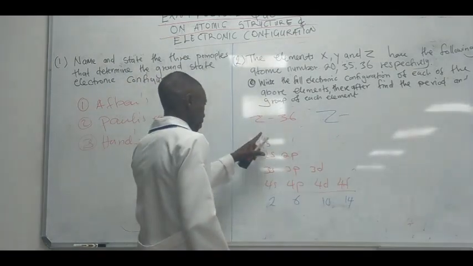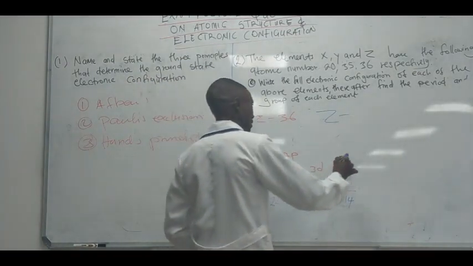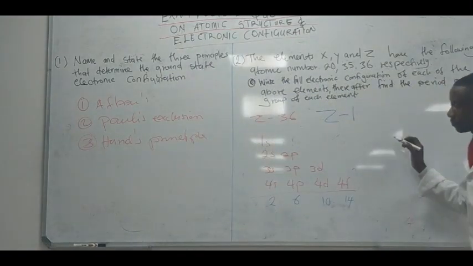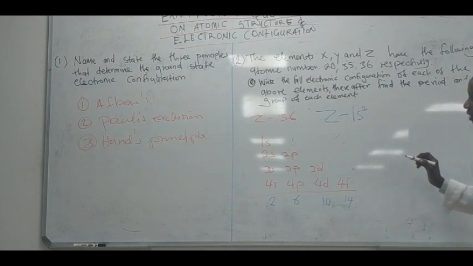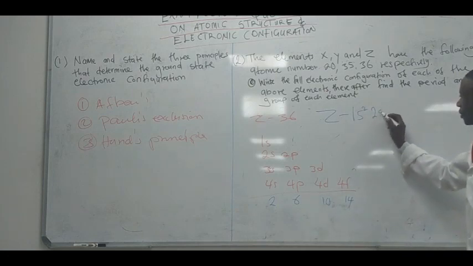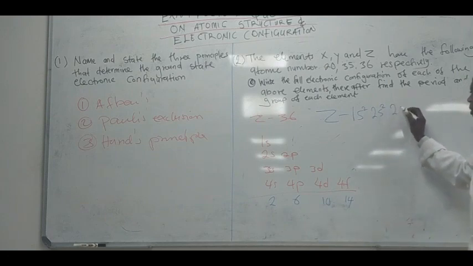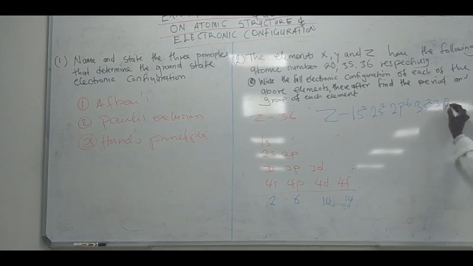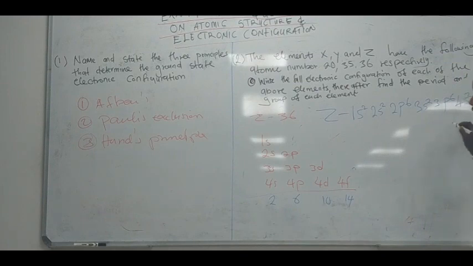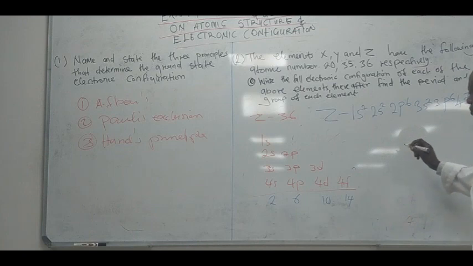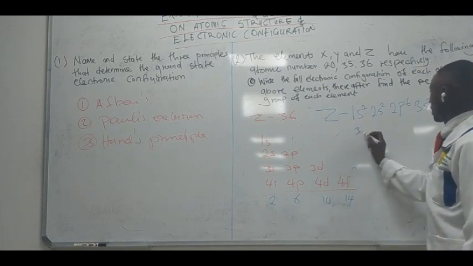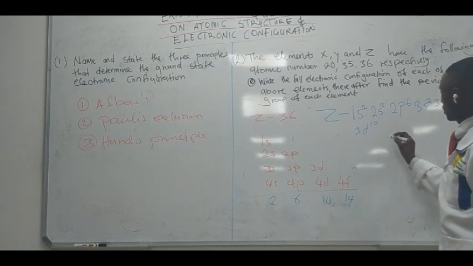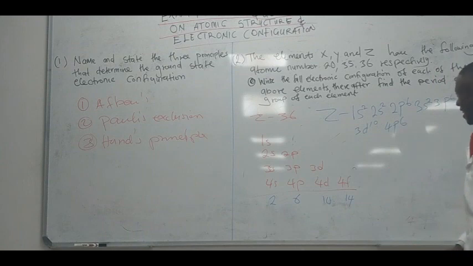So my Z there: I'll start with my 1s2, 2s2, 2p6, 3s2, 3p6, coming to 4s2, coming to 3d10, coming to 4p6. I think we are right.